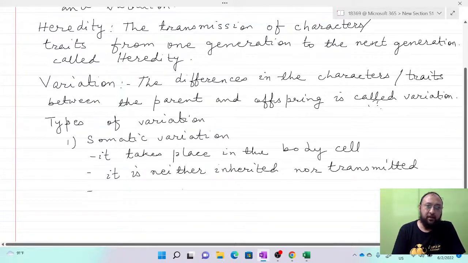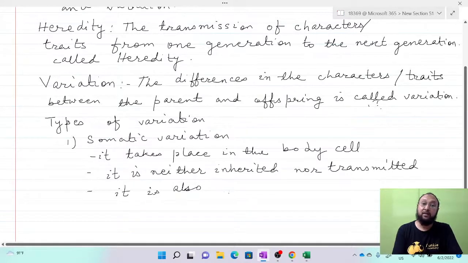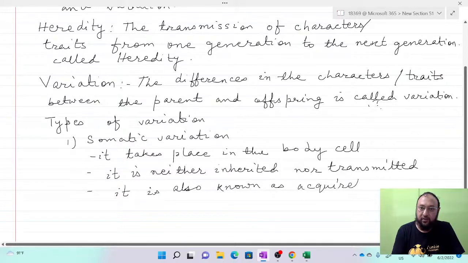It is also known as acquired character, because during the lifetime this character is acquired.